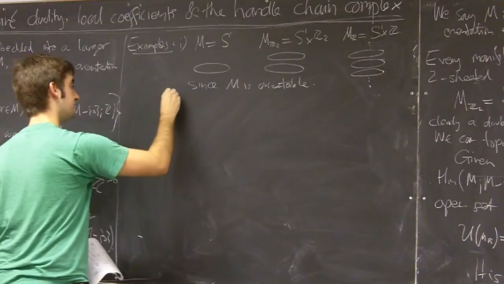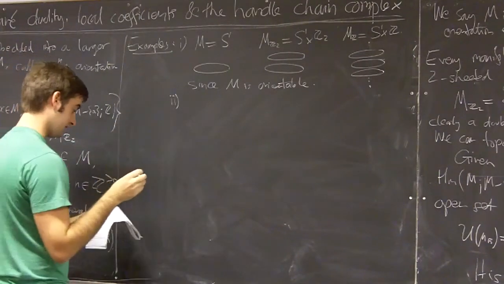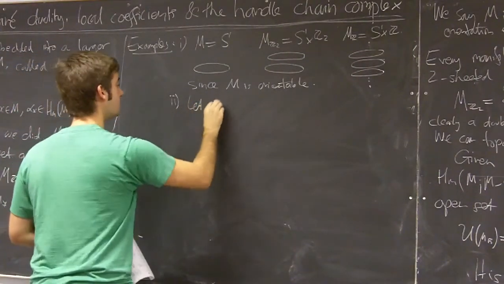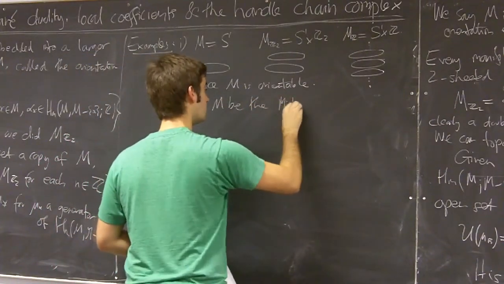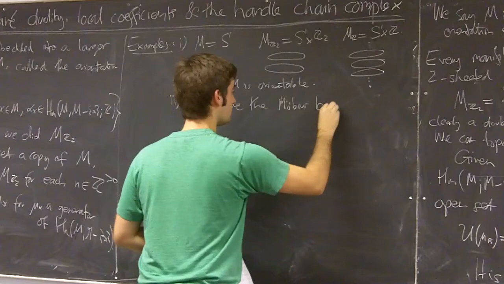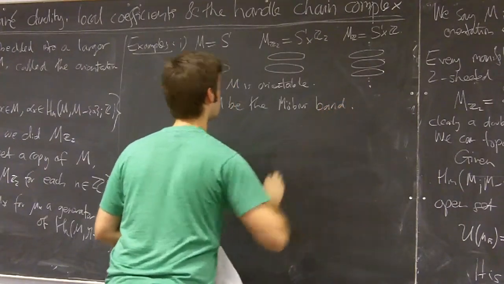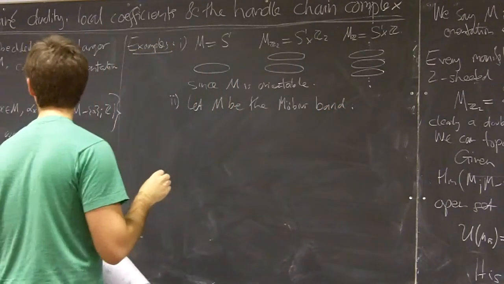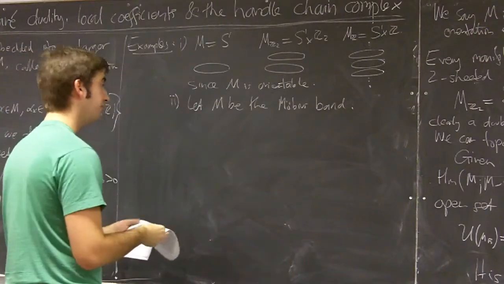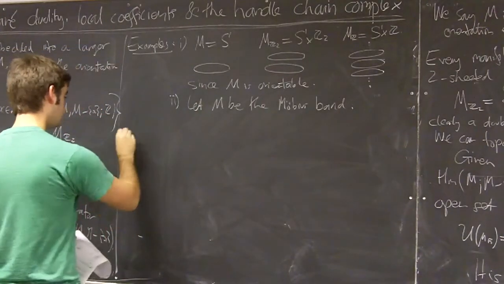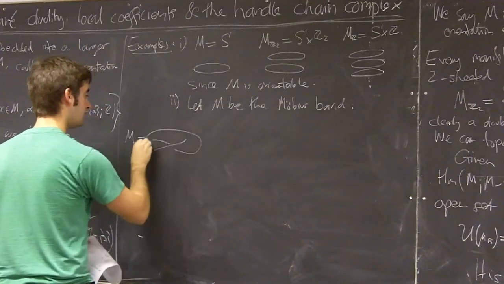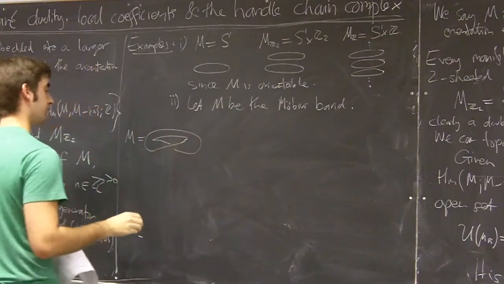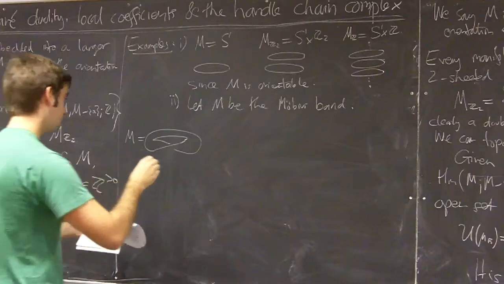How about the Möbius band? Well, we already saw what the orientation double cover looks like. So here's M, which I've tried to draw sort of flat.